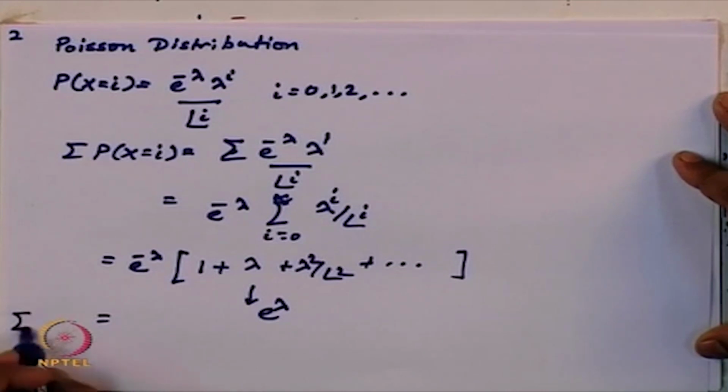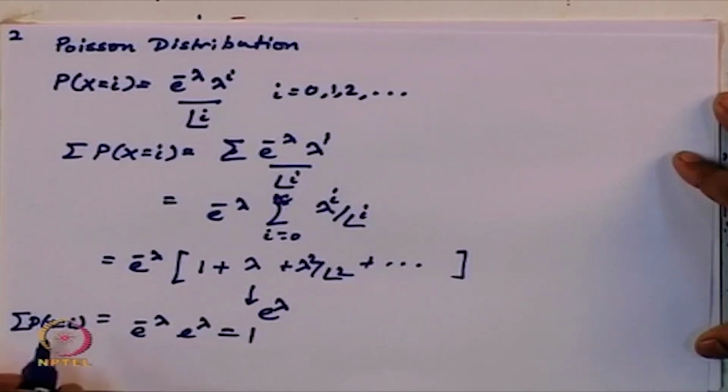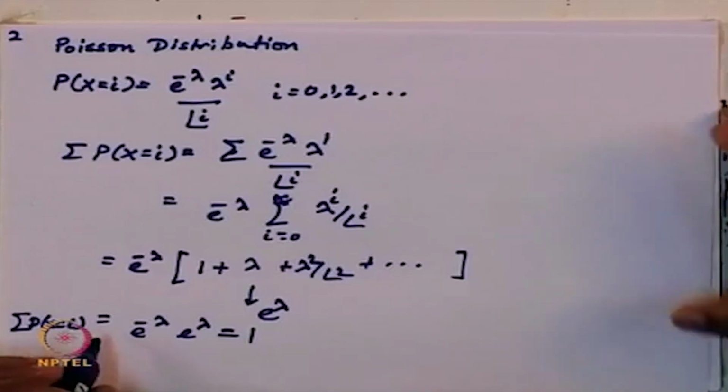So, we have the summation of probability x equal to i is e to the power minus lambda into e to the power lambda, equal to 1, which fulfills the requirement that the summation of probabilities must be equal to 1.